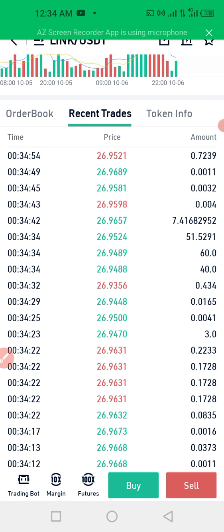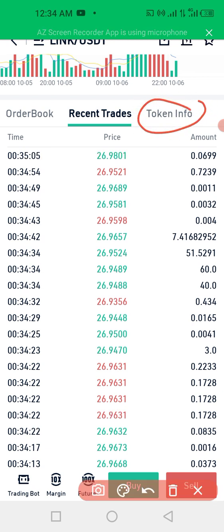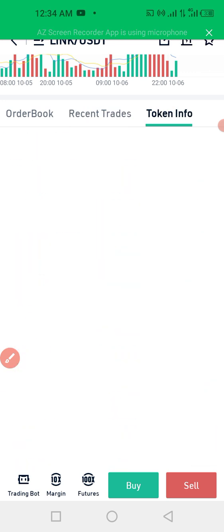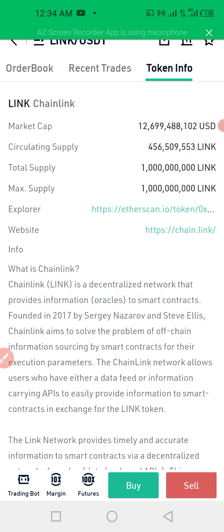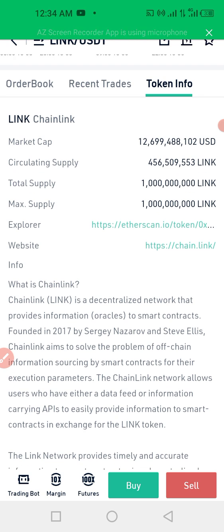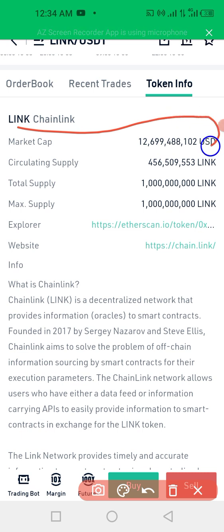If you click on token info, this simply means that you want to check the information of this particular coin called link. Once you click on token info, it will show you the market capitalization, which is this one here. It will show you the circulating supply, total supply, the max supply.